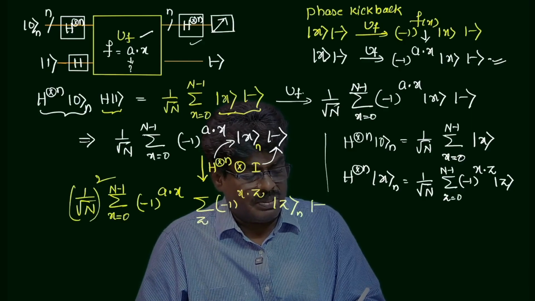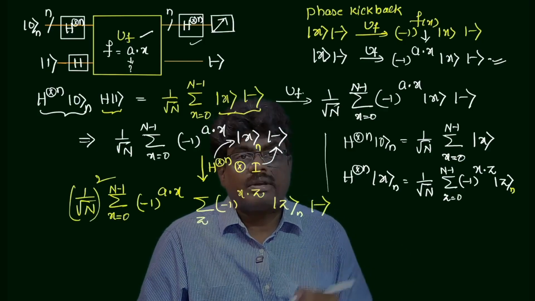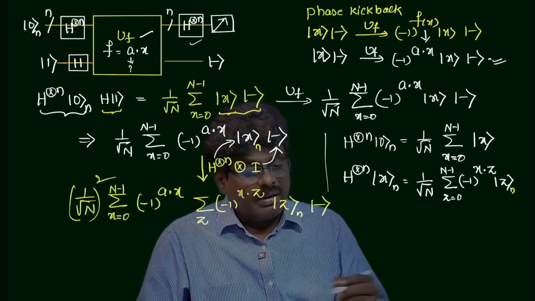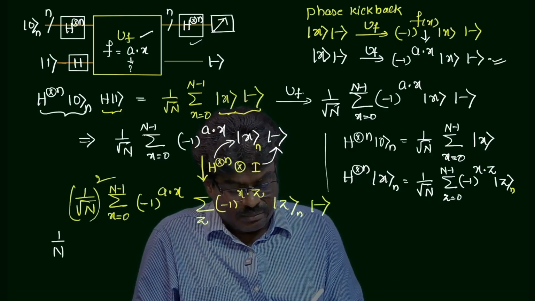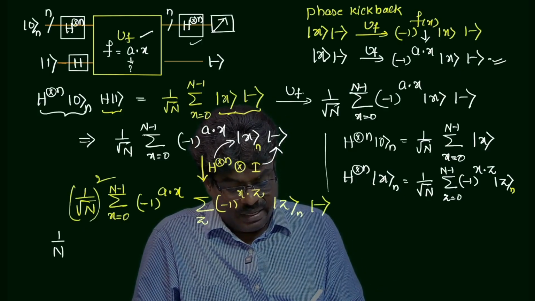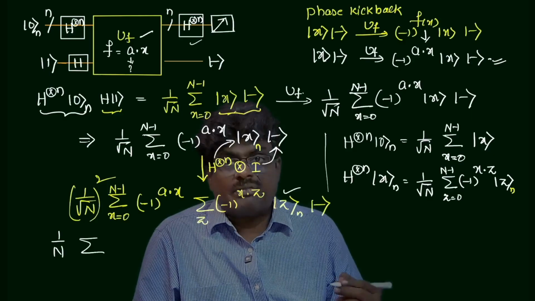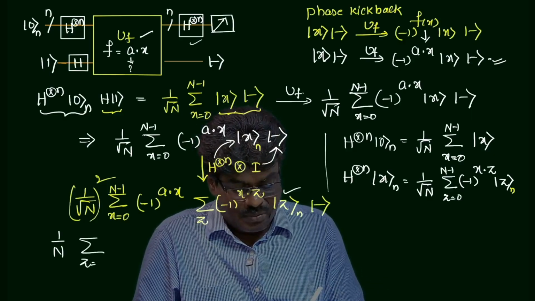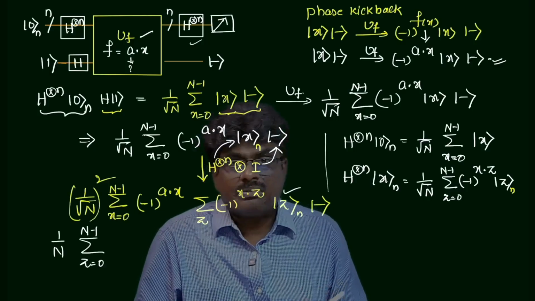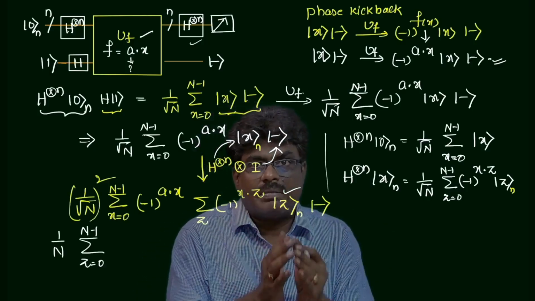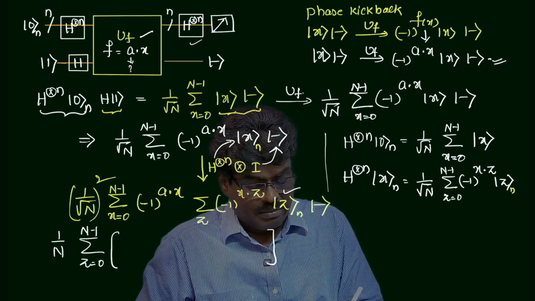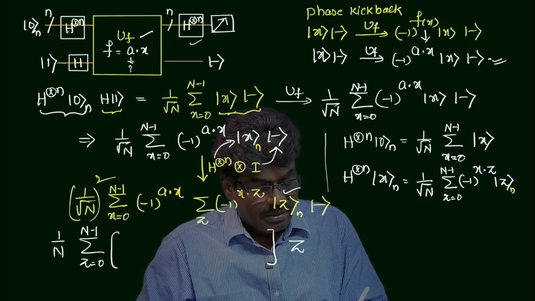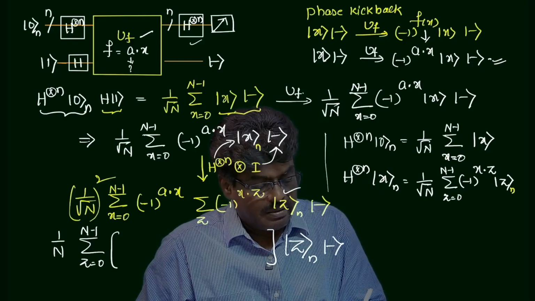This is an n-qubit string. Okay, now let me rearrange this summation. So this is a 1 by N. Now finally I am getting the linear combination of z. That's why summation over z is equal to 0 to N minus 1. Finally we are writing that as a linear combination of this z, something related to the amplitude, and this is z and minus.